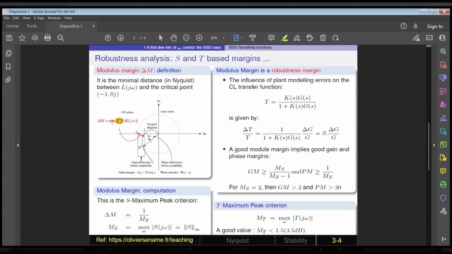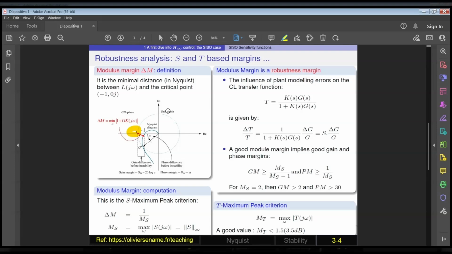We study the frequency response of L(jω) over all frequencies. The most important point is the critical point at -1. Why is this point important?